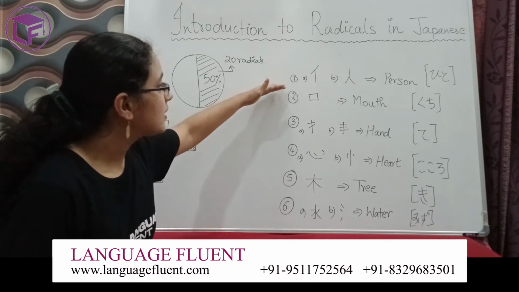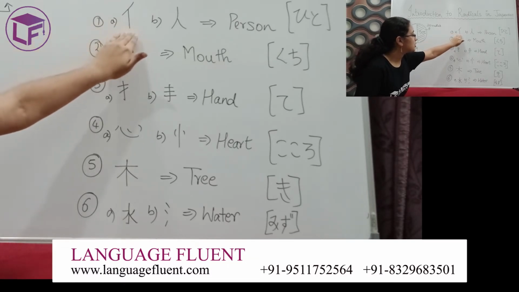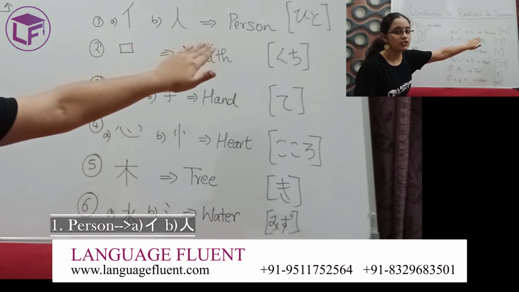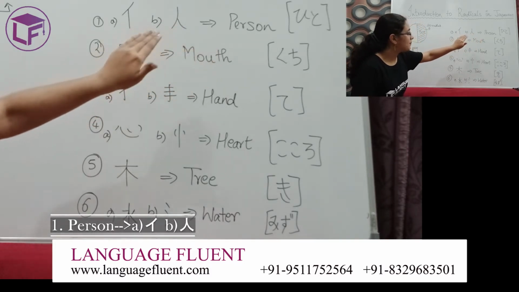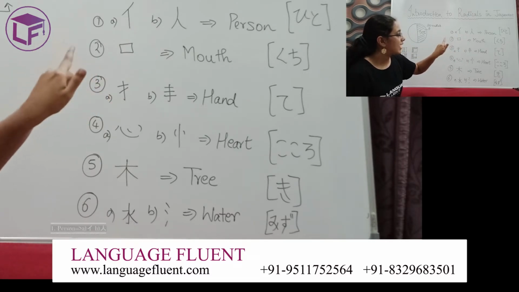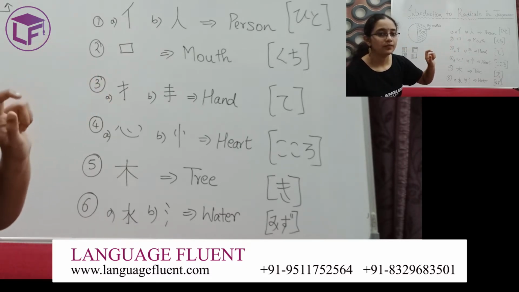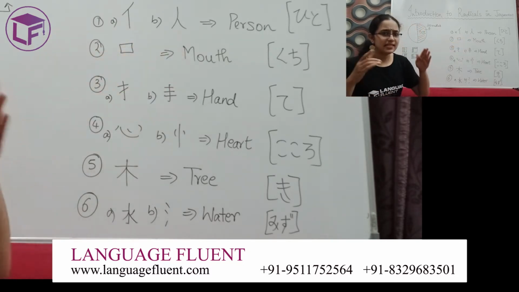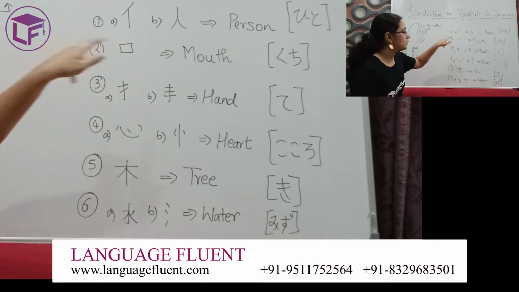Let me just begin. The first one, if you see this particular radical or symbol, this and this, means person in Japanese. In Japanese we write person as hito. If you look at this symbol, it is like a stick man with two legs, so you can remember it that way.